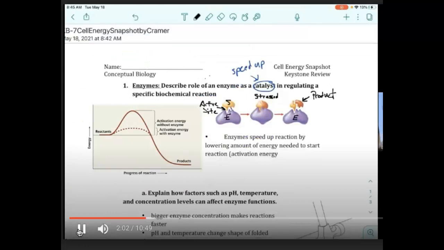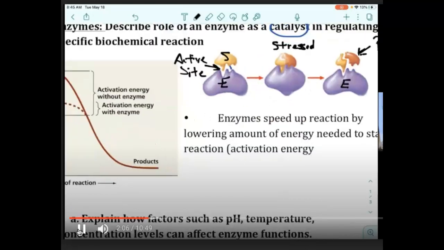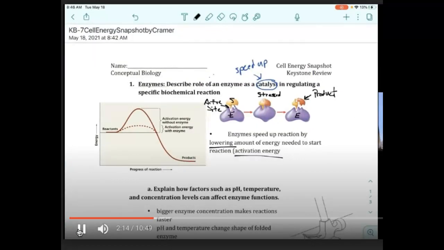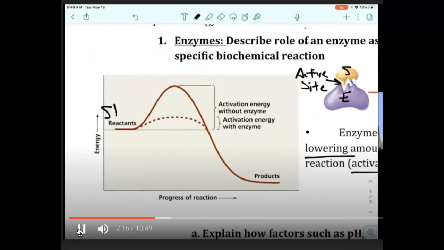And so remember, we said that enzymes speed up reactions by lowering the amount of activation energy. They lower the activation energy. And so we can look at this on this graph. Remember, we said we start over here. It's like a race. We start over here, we finish over here. If we have to run up the big hill, that's going to be slow.